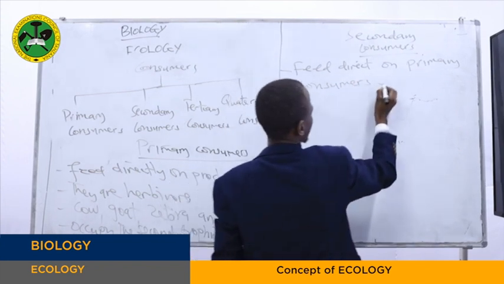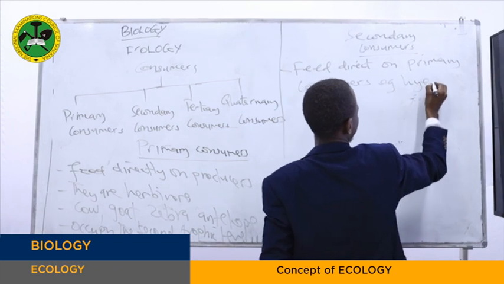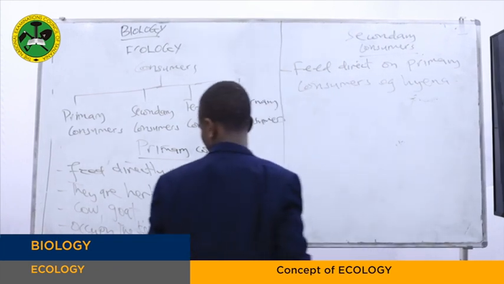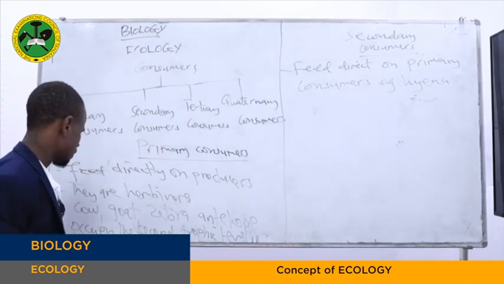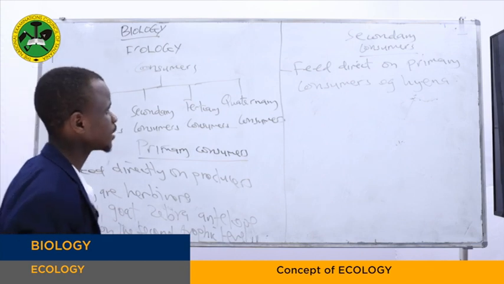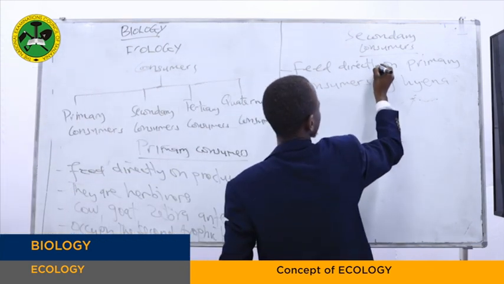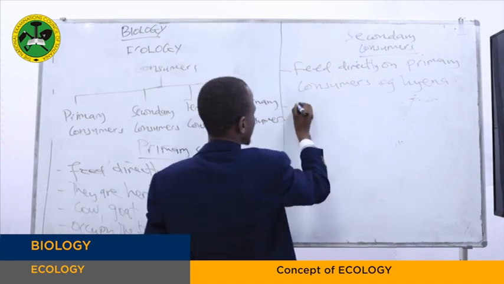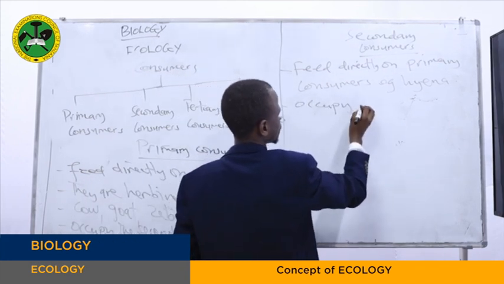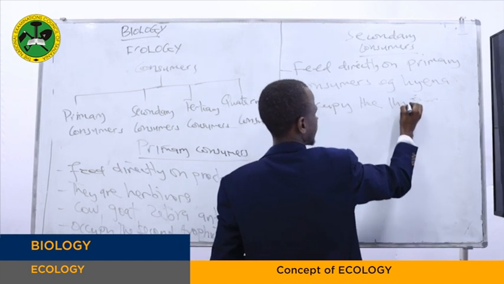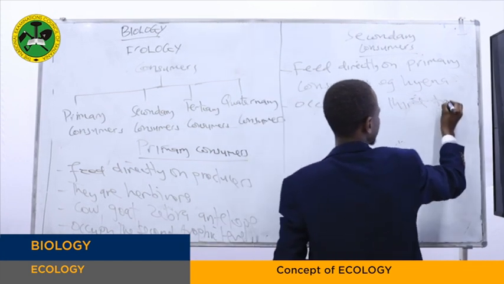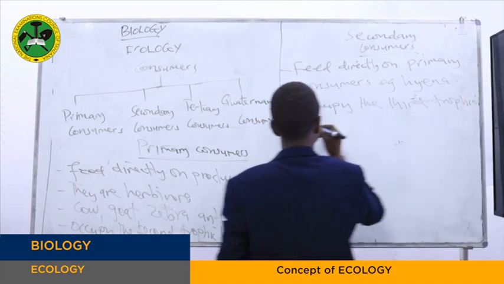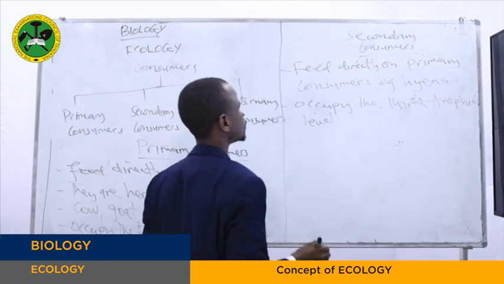For example, hyena. Hyena feeds on goat and cow. They occupy the third trophic level in the ecosystem.